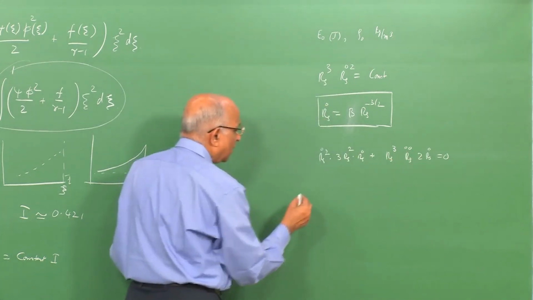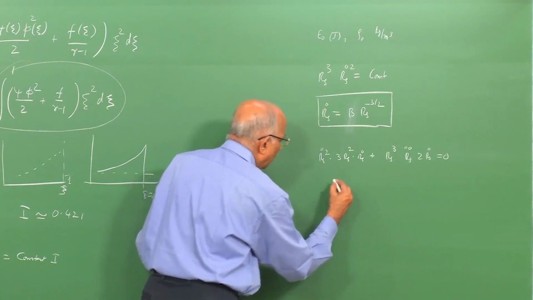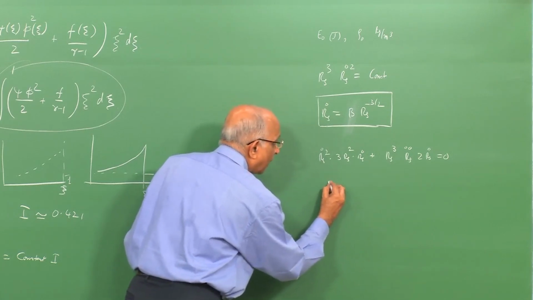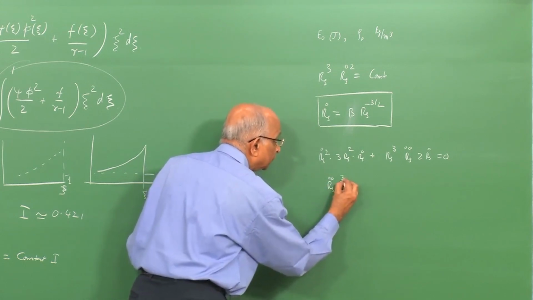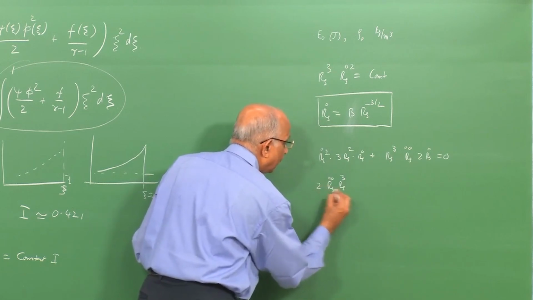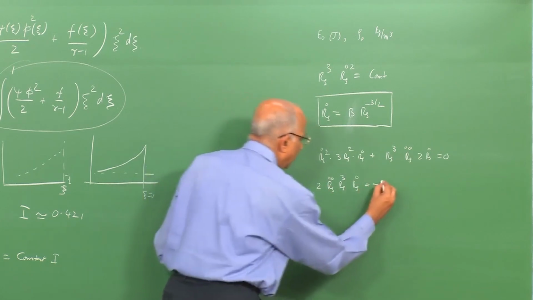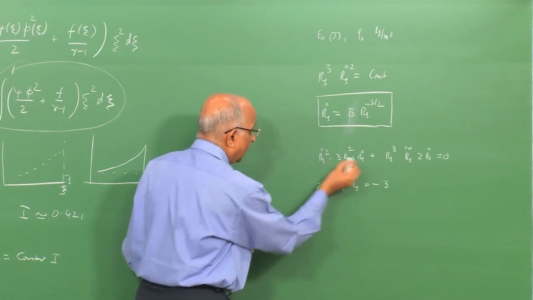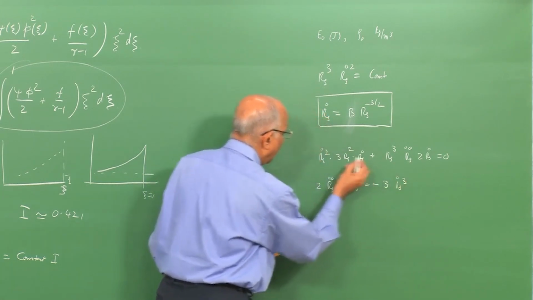Immediately I tell myself, if I take one of these two terms on the left hand side, I have Rs double dot into Rs cubed into 2 Rs dot is equal to minus 3 on the right hand side, Rs dot cube into Rs square.